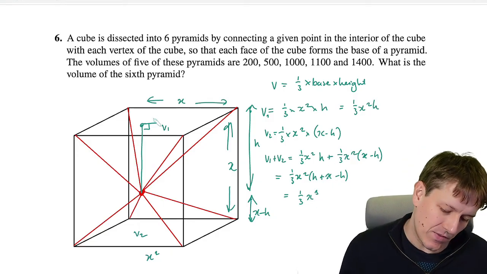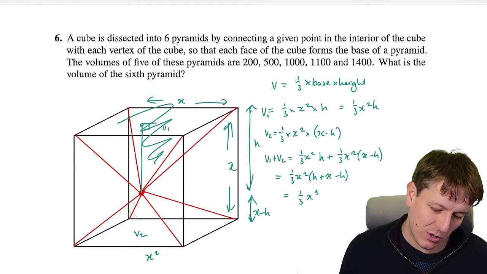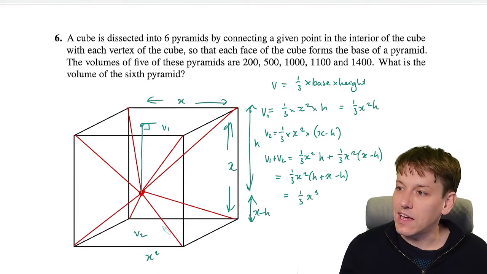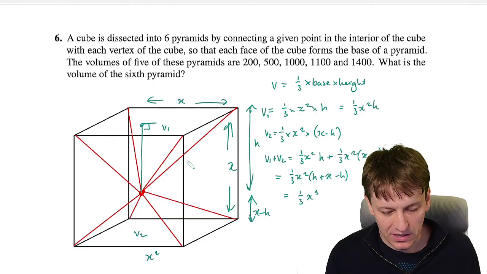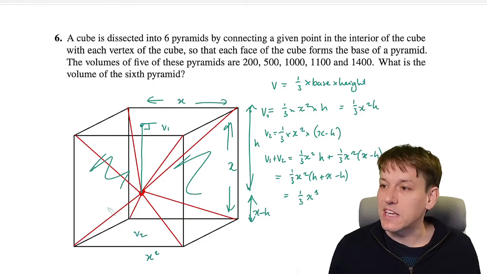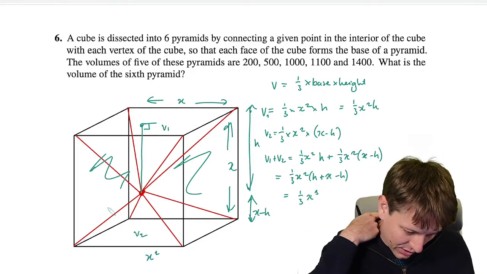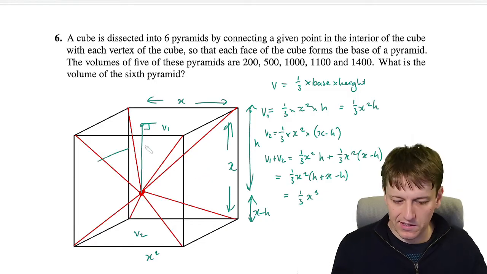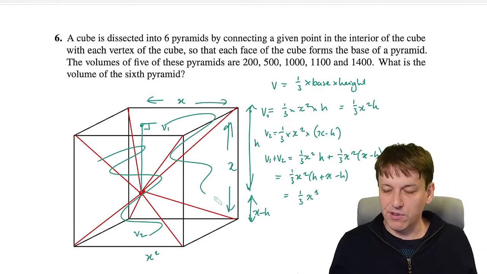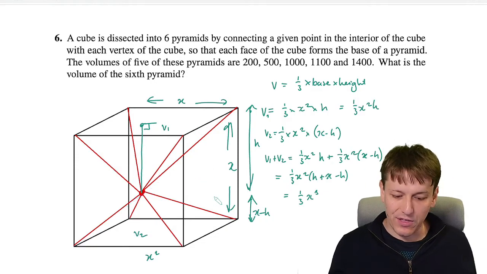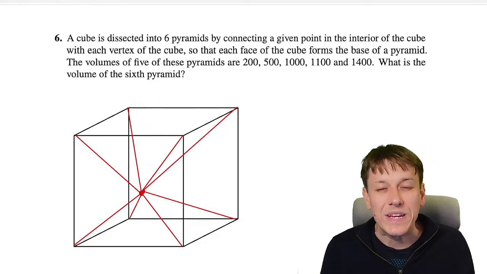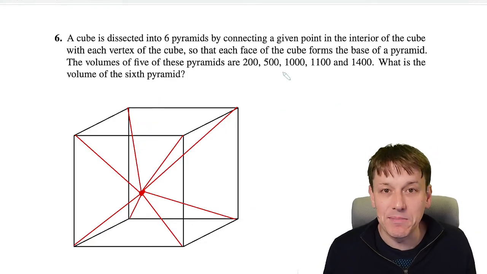So the point here is that this pyramid and this pyramid have a third of the total volume of the cube. This pyramid and this pyramid, by the same reasoning, will have exactly a third of the total volume of the cube, and similarly the ones coming from the front and the back sides will have a third of the volume as well. So what we need is 3 equal pairs when I combine those volumes.